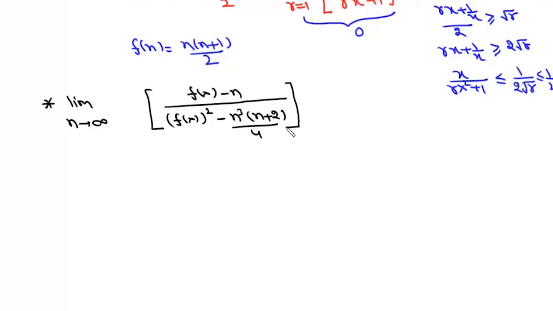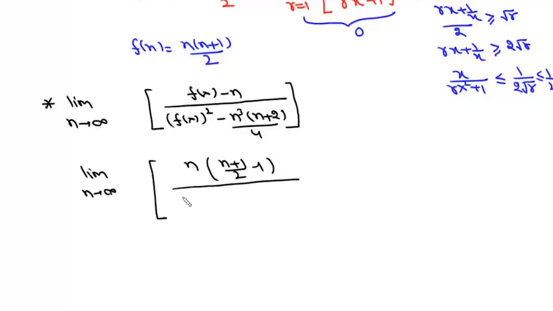its greatest integer function. Now we're going to write this as limit n tends to infinity of the greatest integer function of, we'll take this n common, and here will be (n plus 1 by 2 minus 1), and here it will be n square (n plus 1) whole square by 4 minus n cube (n plus 2) by 4.